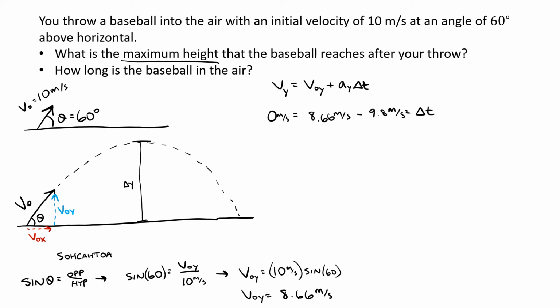What we are going to find out is the amount of time. So we don't know how long this ball is in the air. How much time does it take for the ball to go up to the peak? And once we find the time, that will be a valuable little clue for us to use later on.